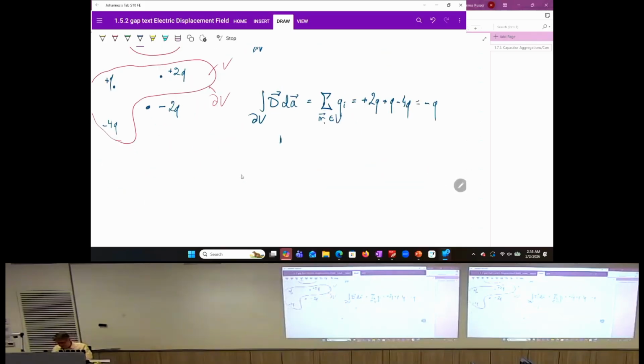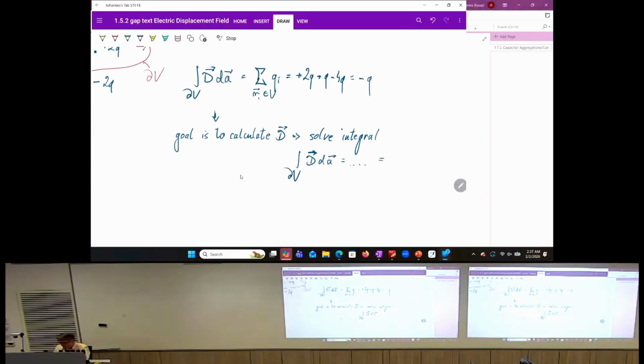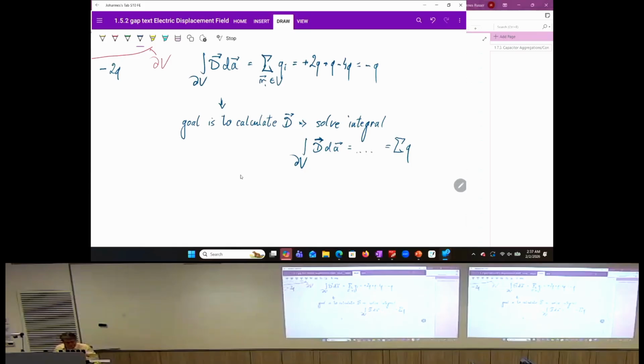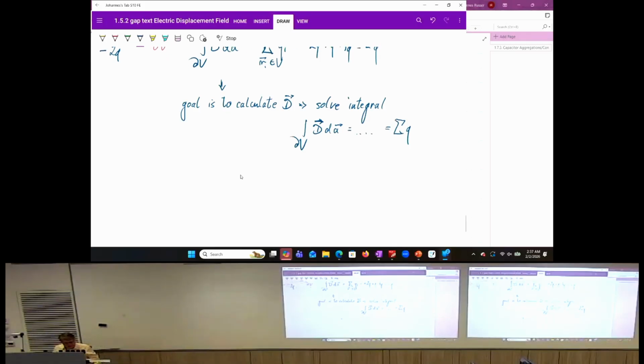Hence our goal is to calculate the displacement field here and basically solve the flux integral. And in the end, we get the sum of the charges included. For that purpose, we need to do an integration in three-dimensional space over a closed surface. And for the charge, we end up also doing volume integrals.